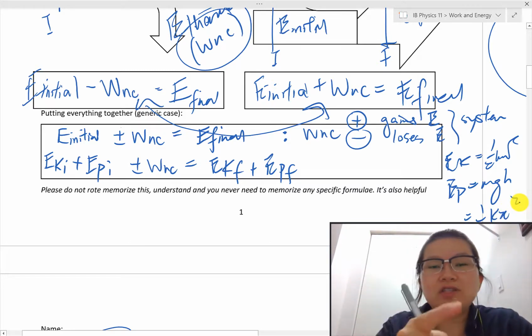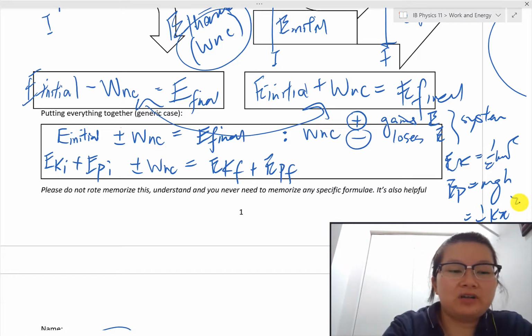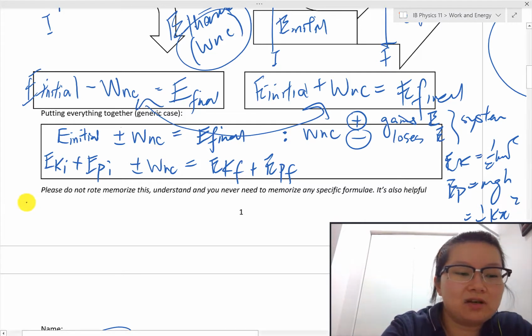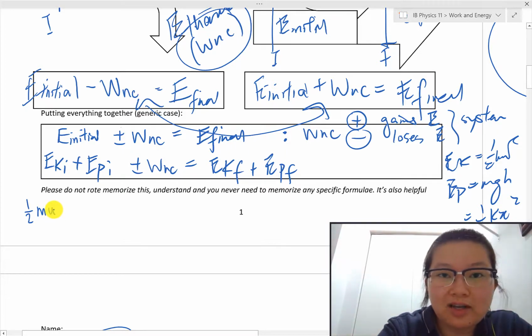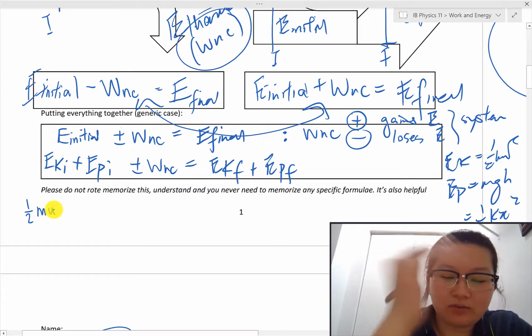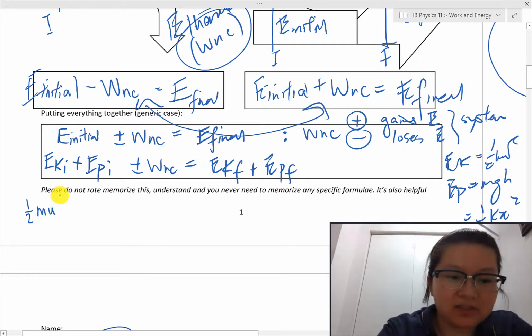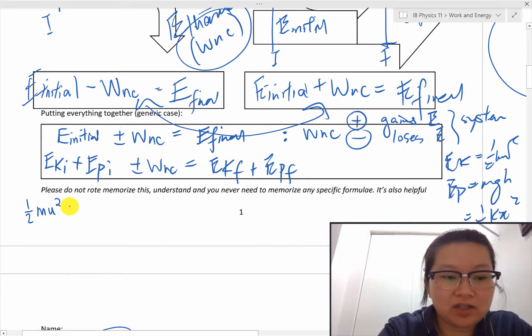So then when you use it in a problem, the first thing you might start off with is the following equation that you have here. 1/2 m, we're talking about some mass, and then u for initial velocity, which we use in kinematics in our IB data booklet. So 1/2 m u squared for initial kinetic energy plus mgh_i for initial.